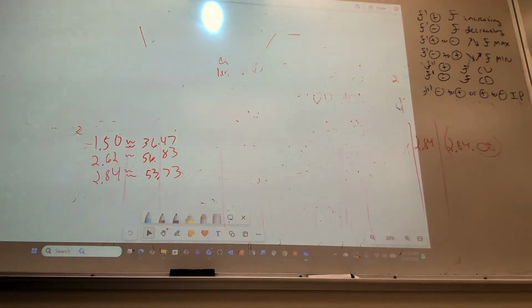So you're taking that derivative and graphing it. You're going to have a different window, so adjust your window.